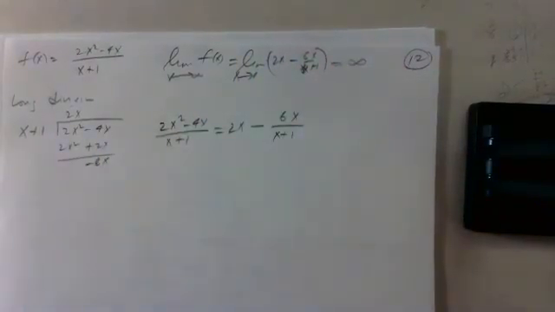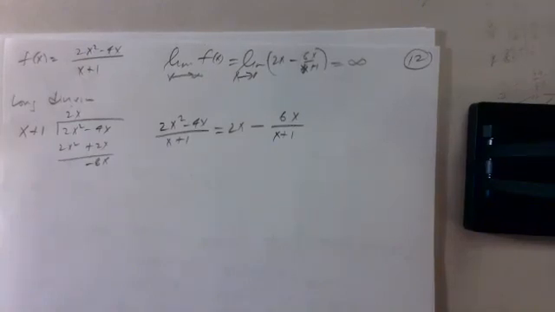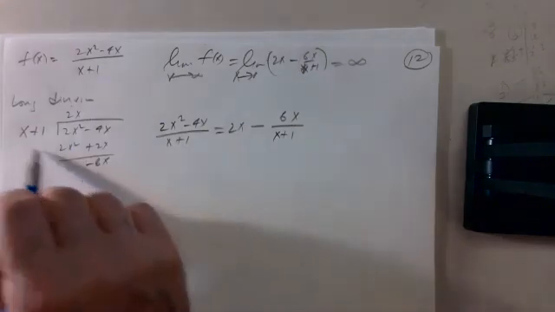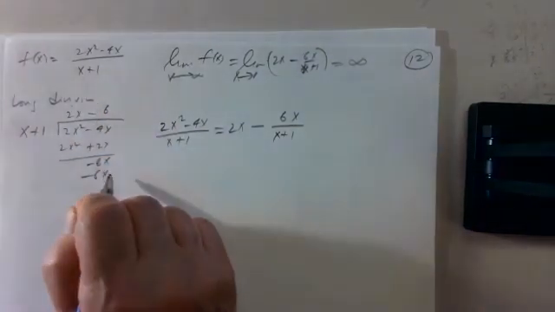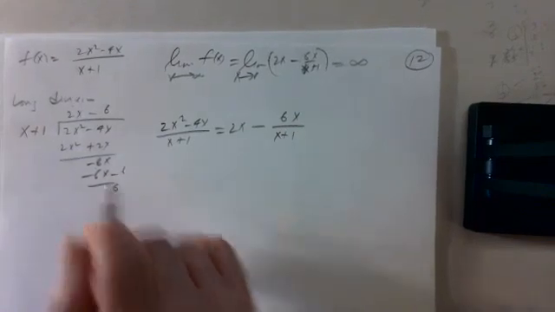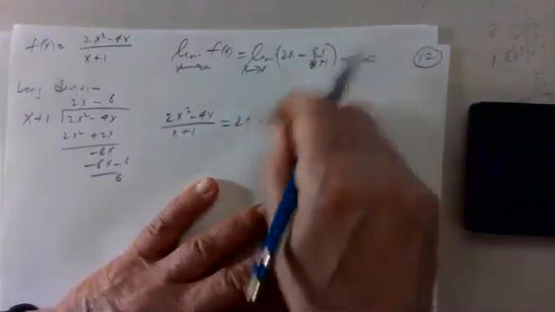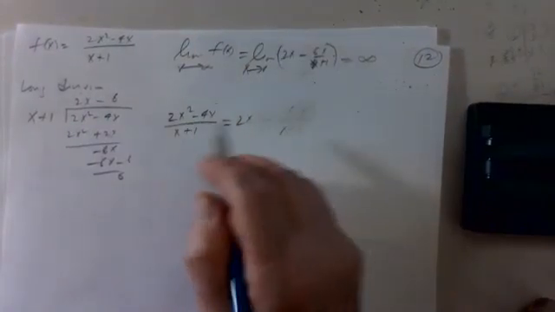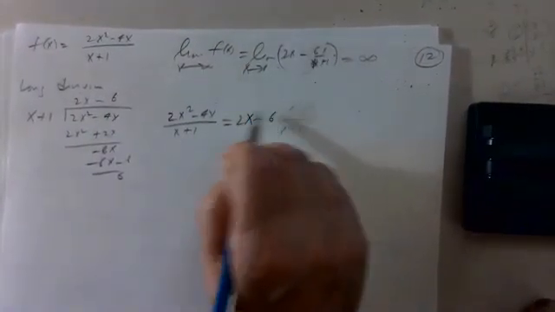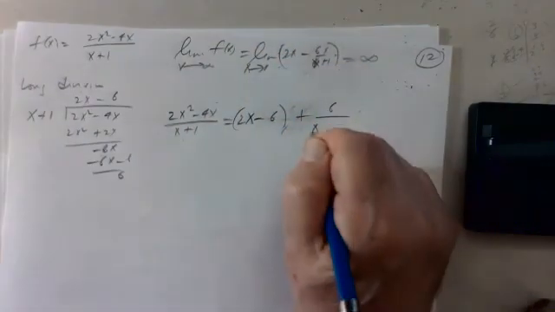So the limit is equal to infinity. Oops, actually, I should have done this one more step. x plus 1 goes into this minus 6 times. So we get minus 6x minus 6 over 6. So, oops, this would have been better. So 2x squared minus 4x over x plus 1 is 2x minus 6 plus 6 over x plus 1.